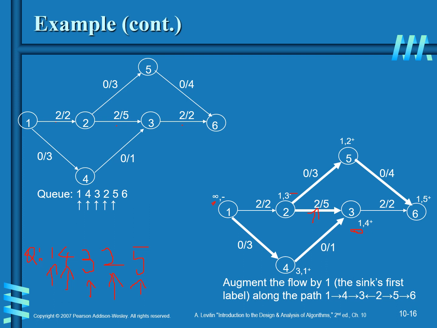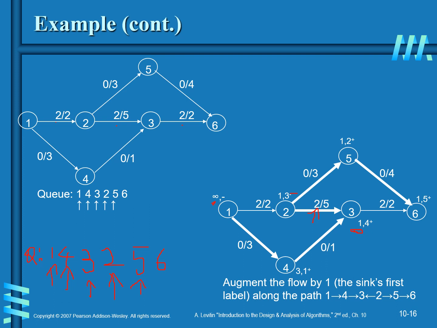What is the vertex you have labeled? 6. Then you label backward. There is only one backward edge for 5 too, but it is already labeled. Then you check whether the sink has been labeled. Yes, the sink has been labeled. So you stop the labeling process, then find the augmenting path and adjust the flow.